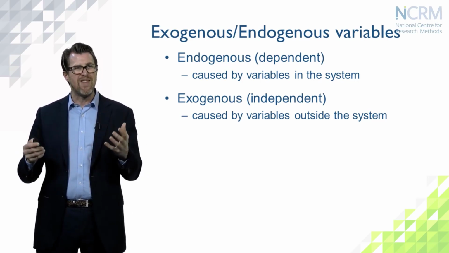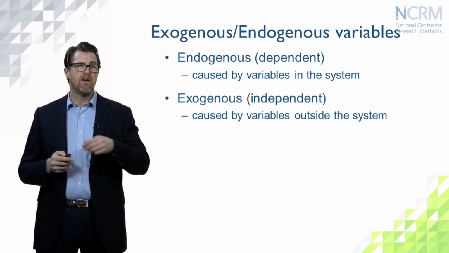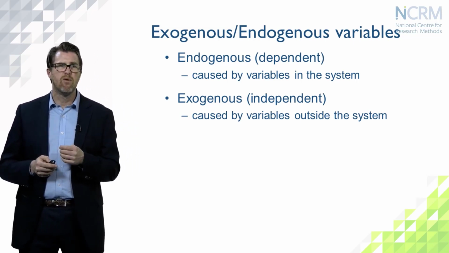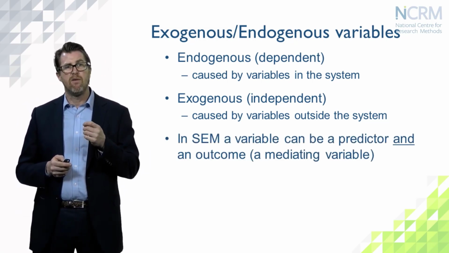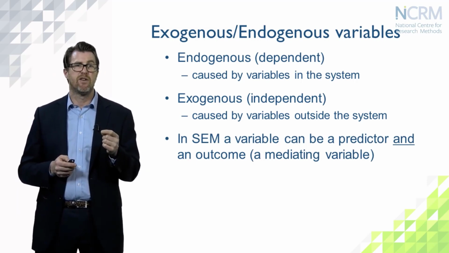It's simply that within our own model, the variables in the model, it doesn't have any direct cause. Now, an important part of SEM is that variables can be both exogenous and endogenous.